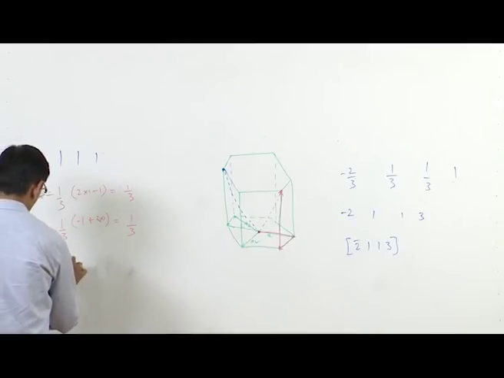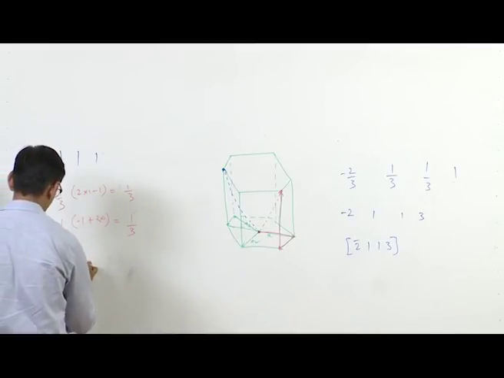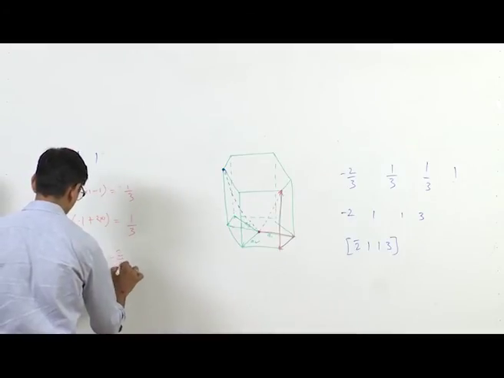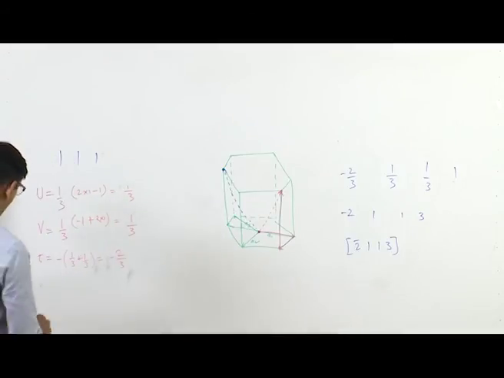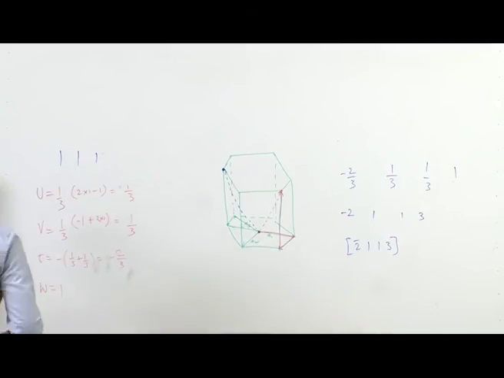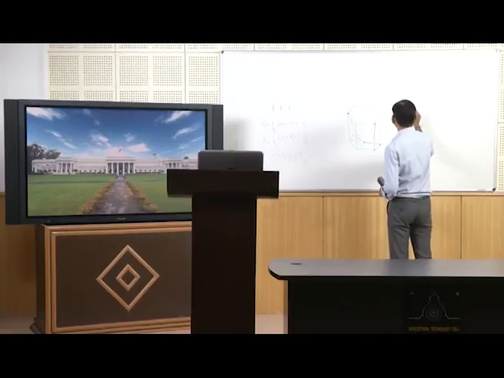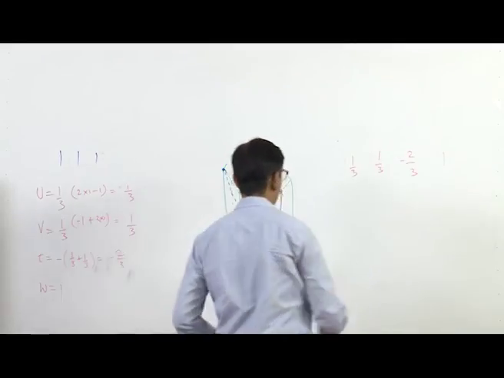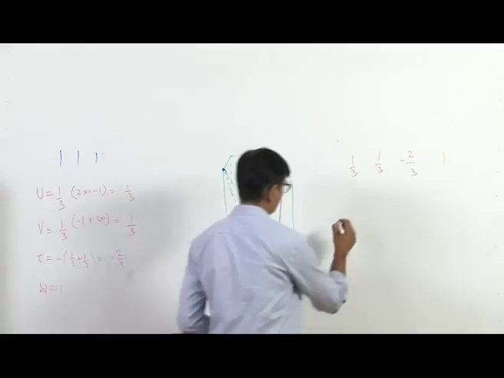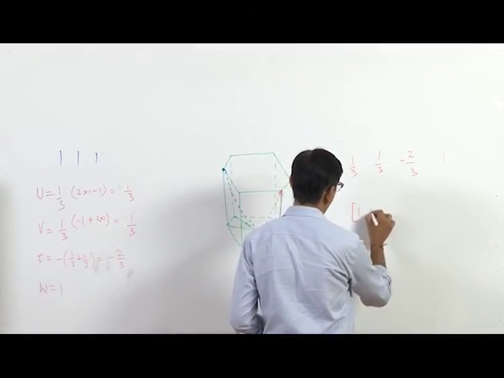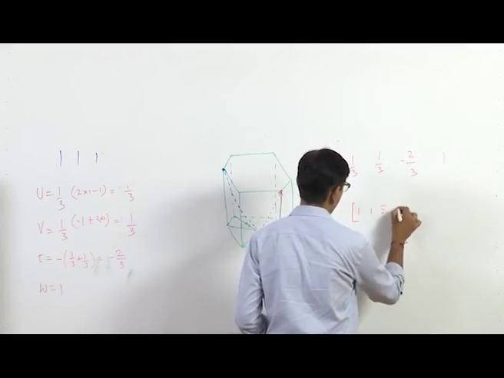Then t will be equal to minus of u plus v, so 1 by 3 plus 1 by 3, equal to minus 2 by 3, okay, and w will be 1. So let us write it there, it is 1 by 3, 1 by 3, minus 2 by 3, 1. Again you multiply by 3 all over, so the indexing finally will be 1, 1, 2 bar, 3, okay.